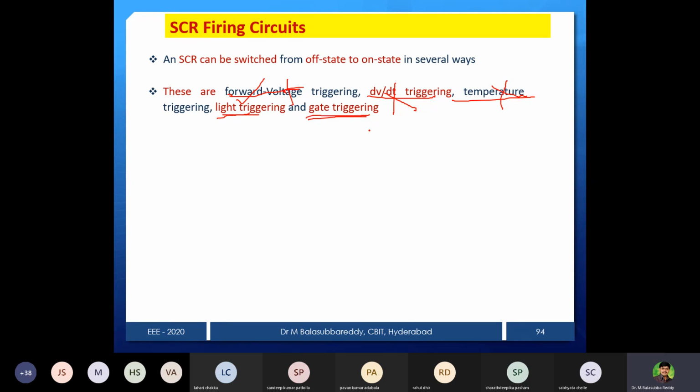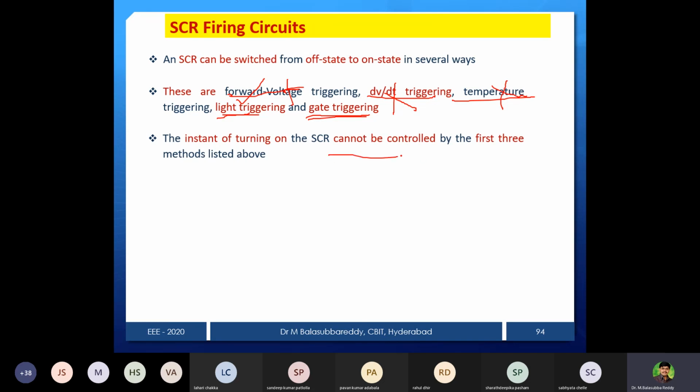Nowadays you can also write microcontroller code or FPGA code to generate the firing pulses. But as per our syllabus, we need to discuss how the firing pulse is generated using different methods. The instant of turning on the SCR cannot be controlled by the first three methods, that means forward voltage, dV by dt and temperature triggering.